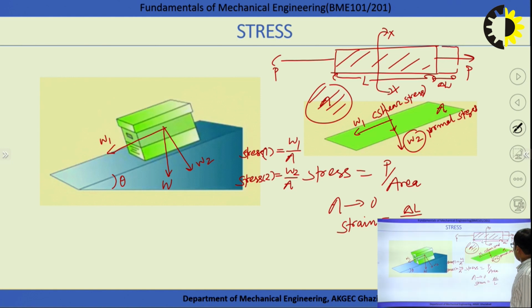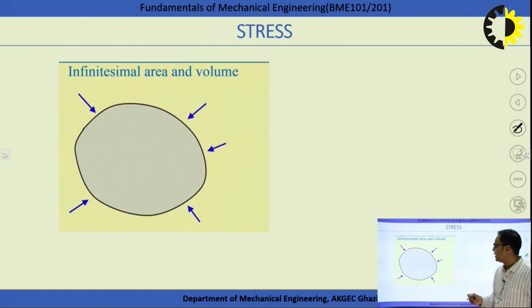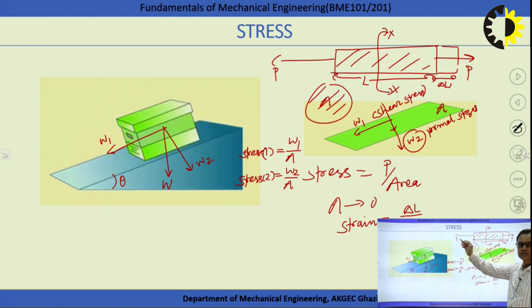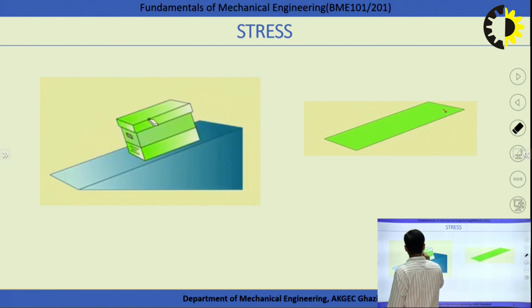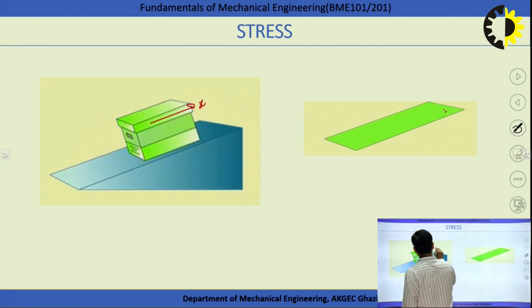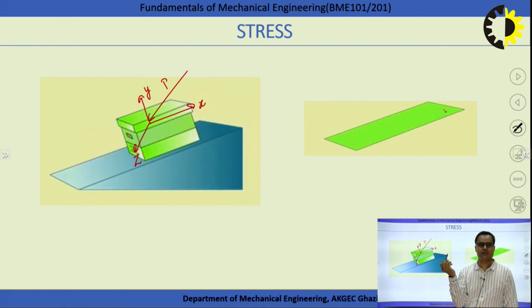For a similar example, now it is also very important. Say this is for a three-dimensional body. If I am considering three coordinate axes, X, Y, Z, and any force P is acting at an inclination, making an angle with all three axes, then there are three components of this force.